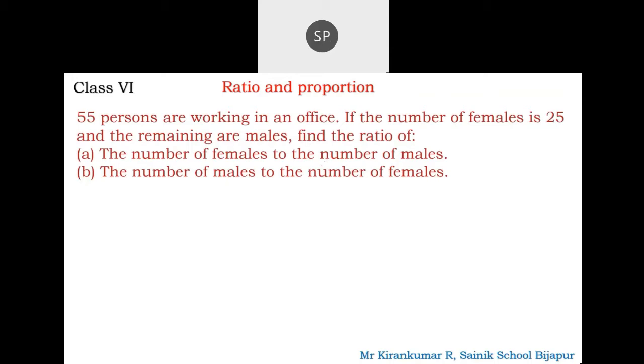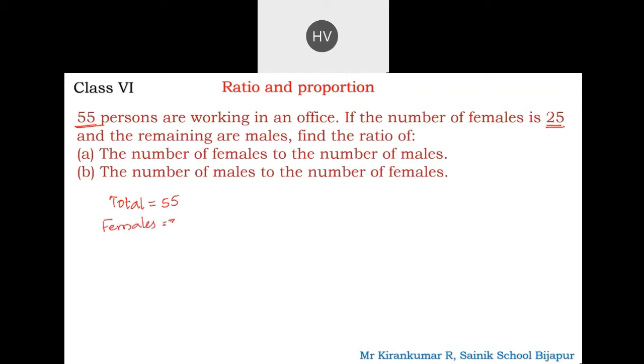Here, the total number of persons in the office is 55. In this 55, 25 are female. How many males are there? 30. Here, the total number is 55. The number of females is 25.